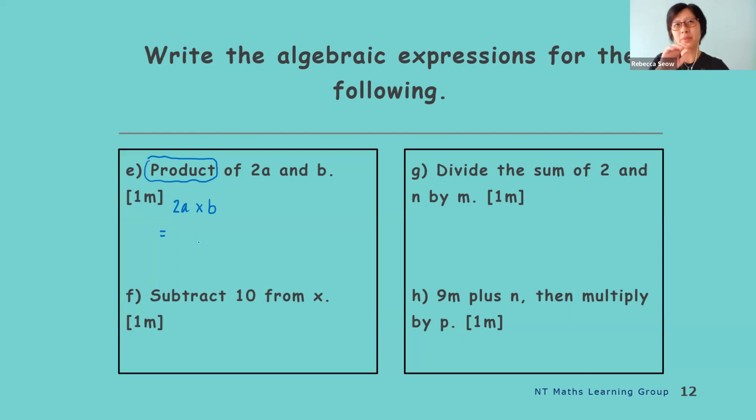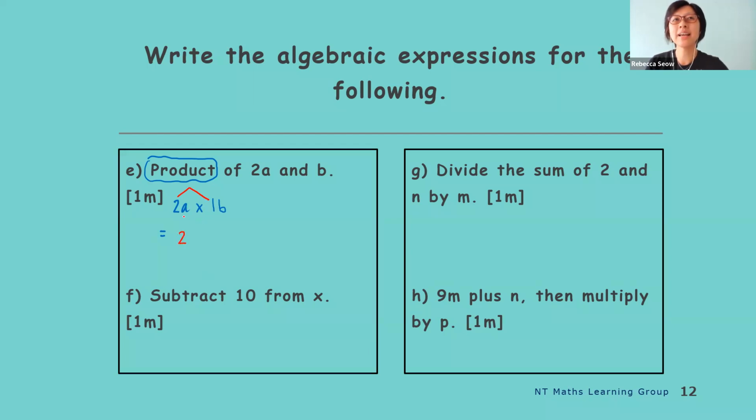In fact, when it's just b, there is a number that comes before that. I'm not sure whether any of you are aware. Instead of b, there's actually an invisible one there. Let me write it down to show you how we work this out. As I was telling you earlier, we multiply the numbers first. So 2 times 1 is 2.